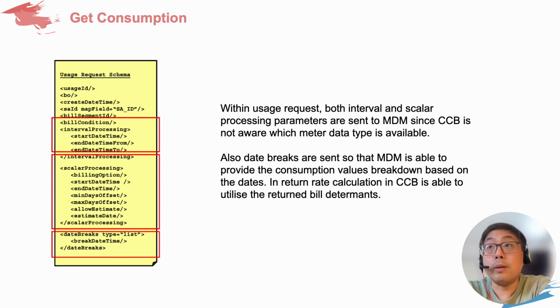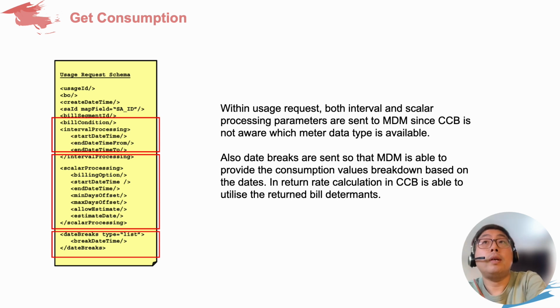And remember that one is on the bill segment type. Now on the left, there is a sample schema of what the usage request looks like. That is going to be sent over to MDM, so MDM understands what needs to be done.